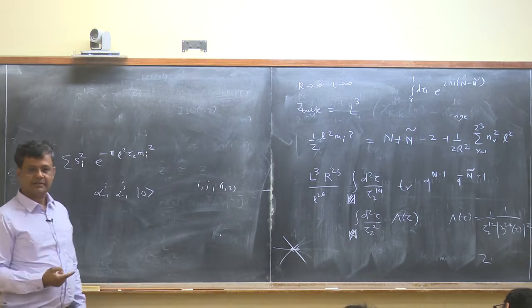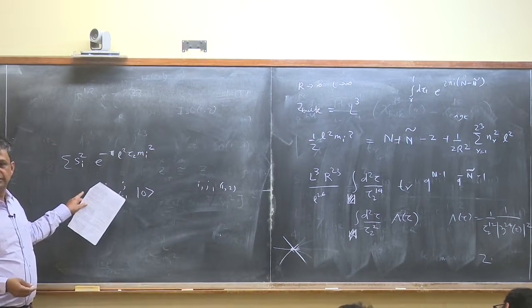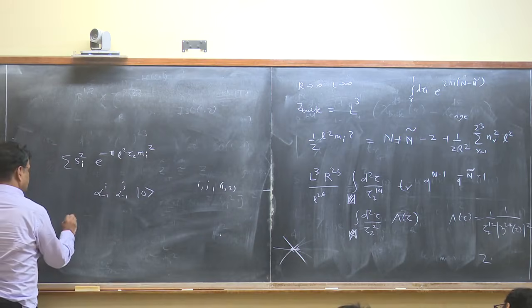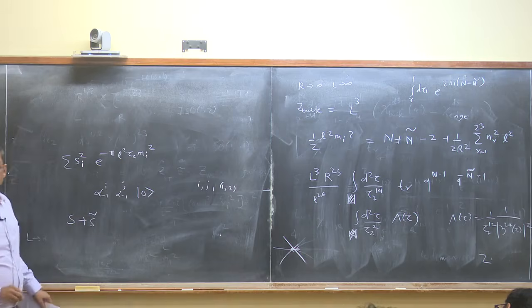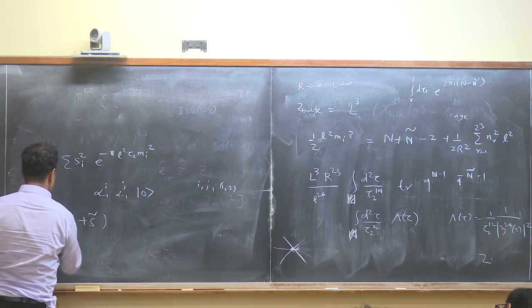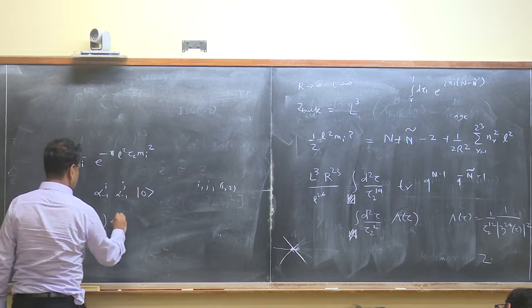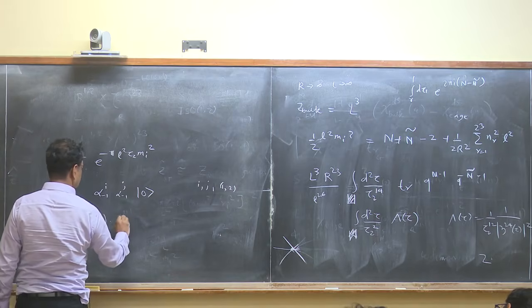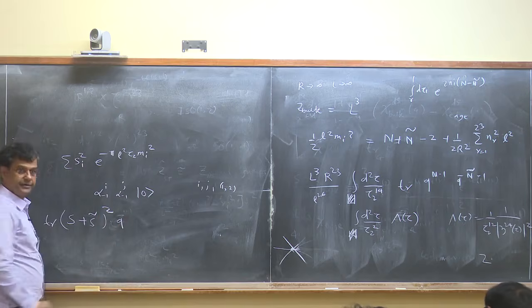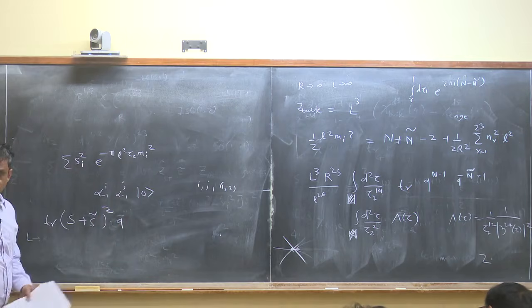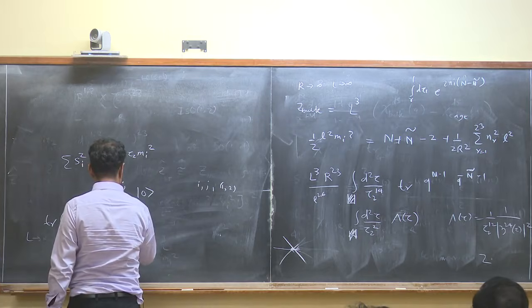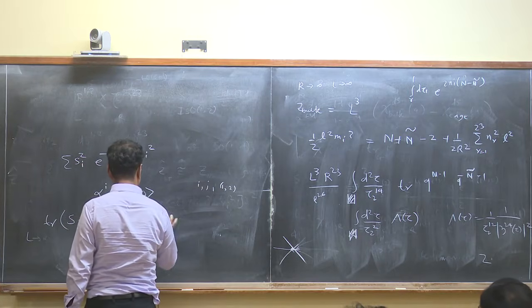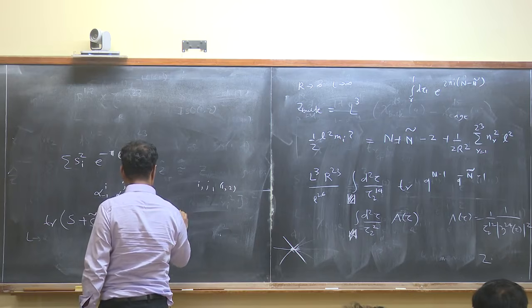So you need the spin operator in the 1-2 plane, and you need to calculate the trace of this quantity. You end up calculating a trace of the spin operator squared, with s plus s tilde taken together, times q to the power n minus 1 and q bar to the power n tilde minus 1.